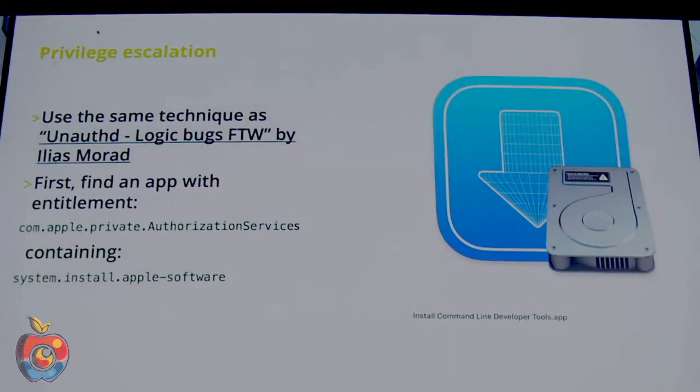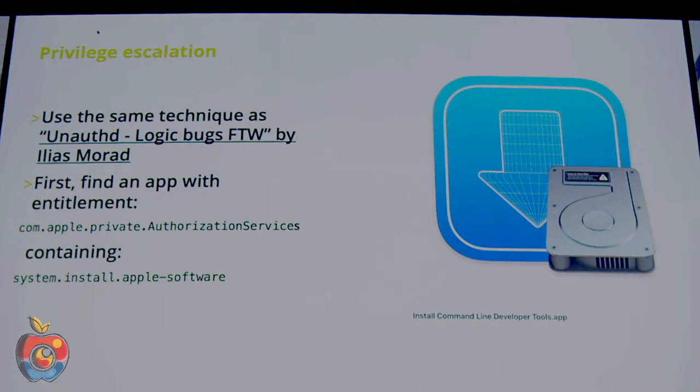Now, privilege escalation to root, and this one required all of that extra Python evaluation stuff. So for this, I used a technique I borrowed from Ilias Morad in an authd. So I looked for an application with the entitlement com.apple.private.authorization.services containing system.install.apple-software. For example, Install Command Line Developer Tools.